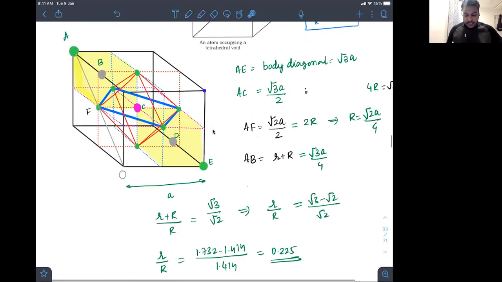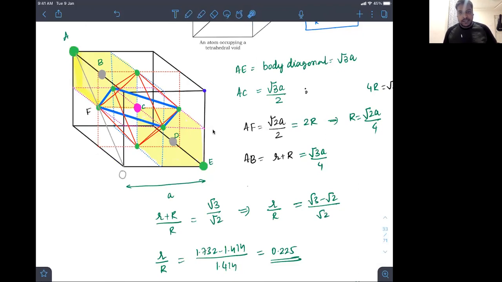And what is this root 3a by 2, by the way, students? Here it is the radius of this atom plus 2 times the radius of this atom present in the void, plus anything which is present here, correct? Well, I don't know that, but I know that from this point to this point, it is half of AC.